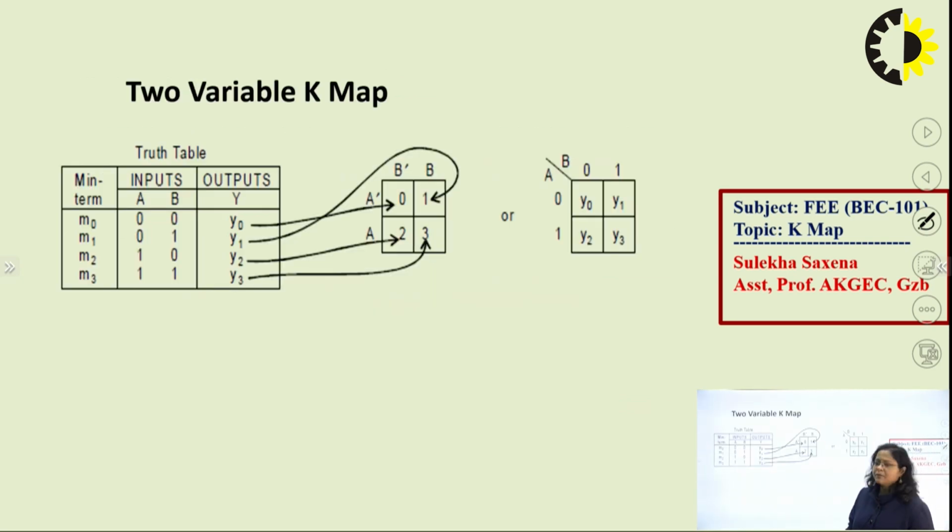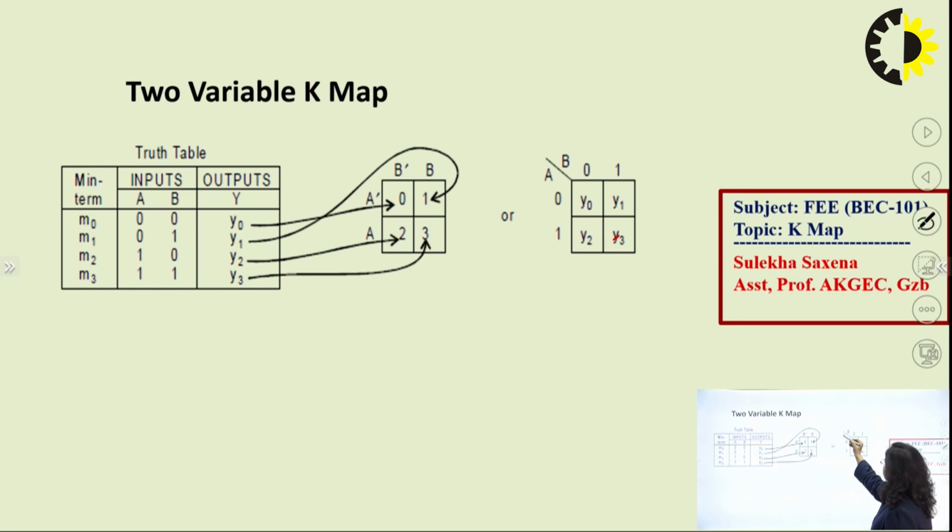Now, starting from the very simple or smallest size of KMap, that is the 2 variable KMap. The smallest sized KMap is of 2 variables because it is not possible to minimize a function of a single variable. So, for a 2 variable KMap, we make a 2 by 2 square, that is a square of 4 values.